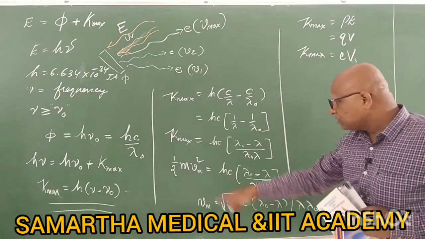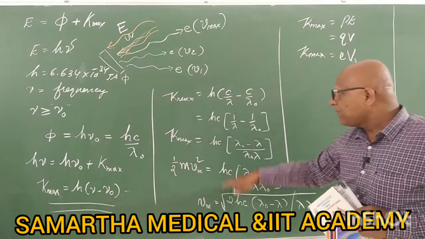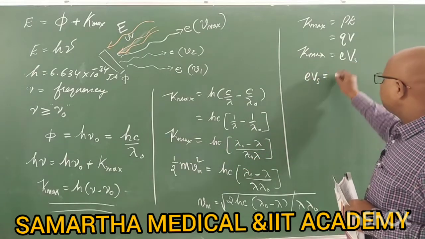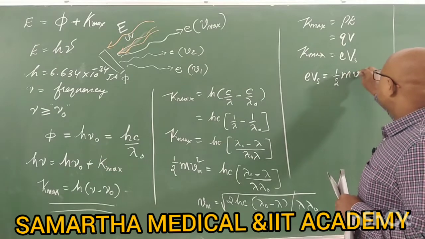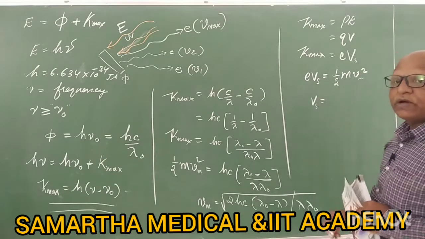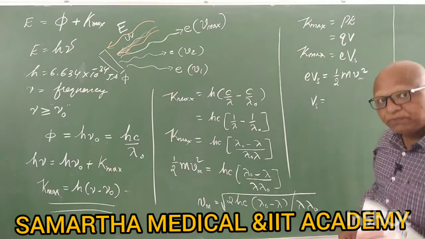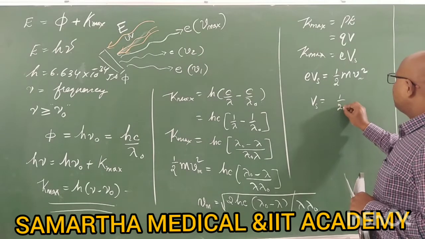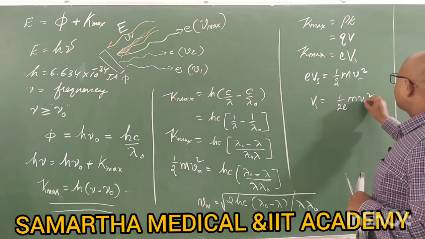So in other words, you can use instead of Kmax the same expression, that is eVs is equal to half mv square max. Or in other words, if you are asked to calculate the stopping potential, then Vs is equal to 1 by 2e into mv square max.